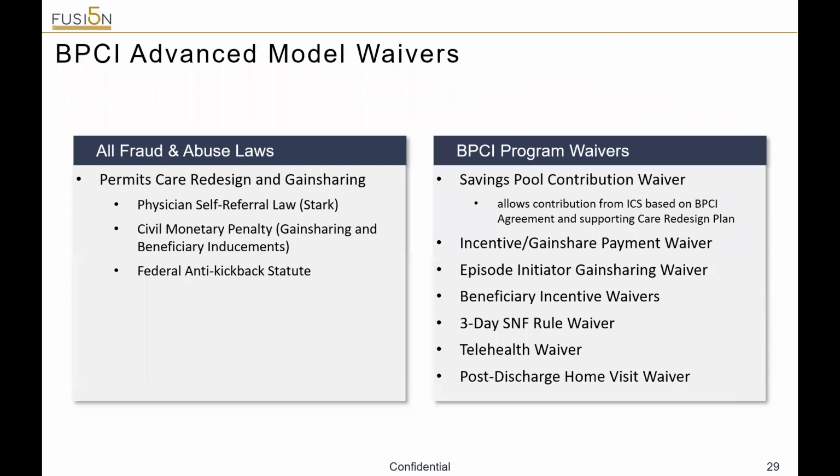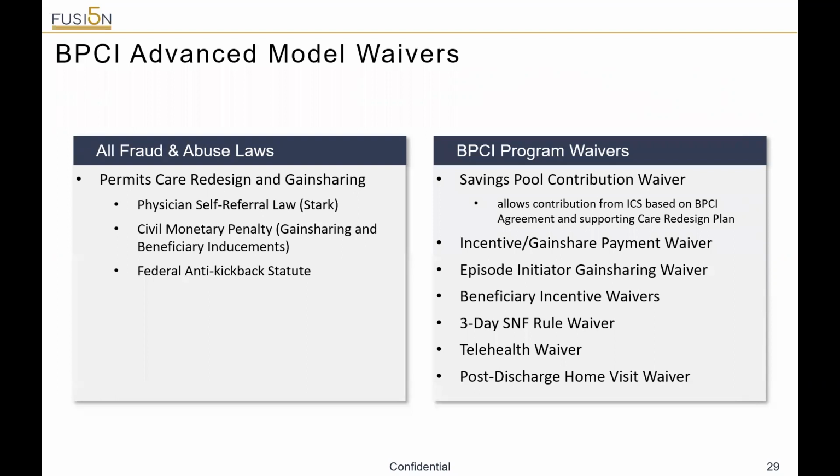These are things that you could not do for a beneficiary, and we're going to describe them in the very next slide, that would otherwise have been illegal, but they're permitted in this because of a waiver from the OIG. And there are waivers to the 3-day SNF rule, so you don't have to have a 3-day qualifying event in the hospital to go to a SNF, although I would probably say that if a patient does need to go to a SNF, they may be better off in the hospital for 3 days, but that depends on the potential for complications.